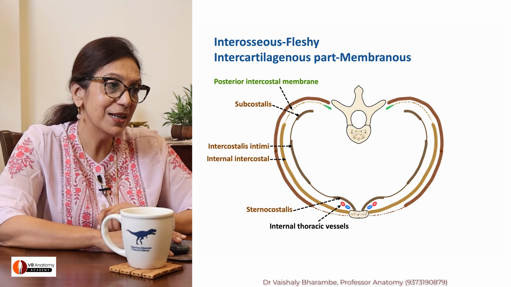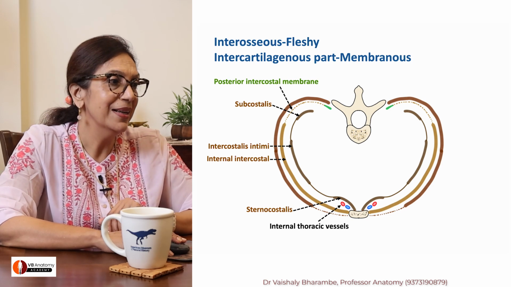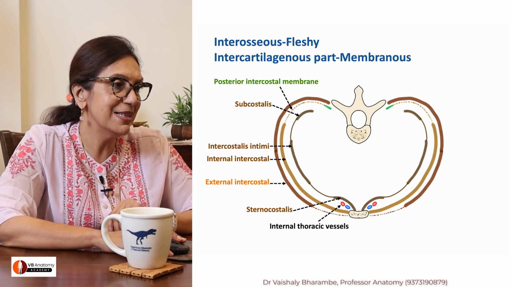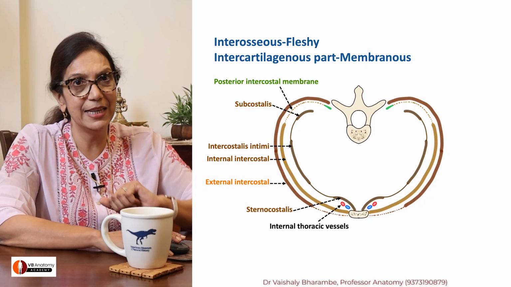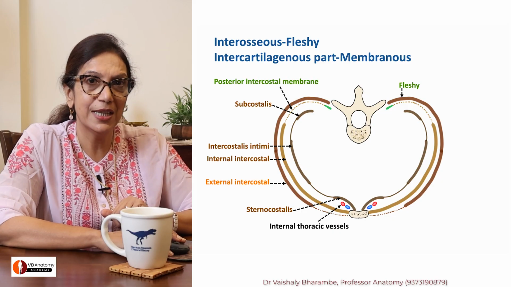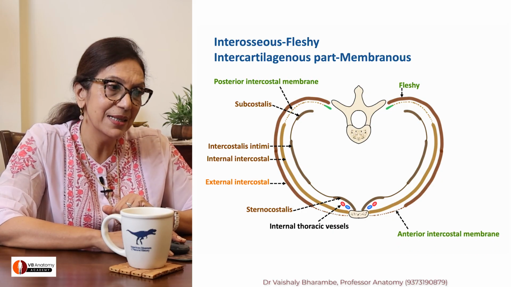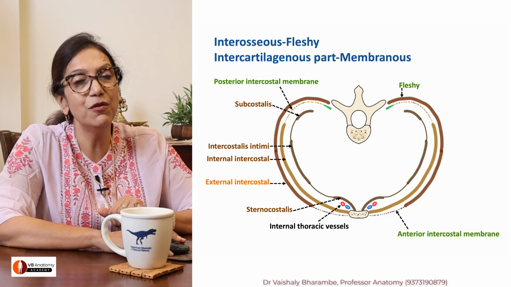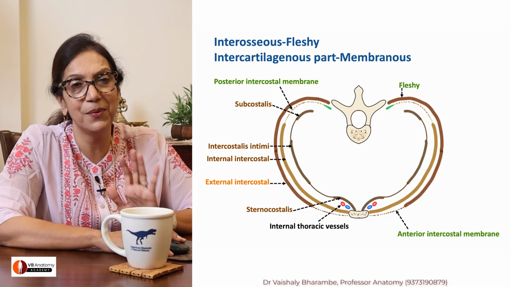Now, here you are seeing a beautiful image. The image is showing you your external intercostal, obviously externally situated, which is fleshy posteriorly and quite membranous anteriorly, forming an anterior intercostal membrane.